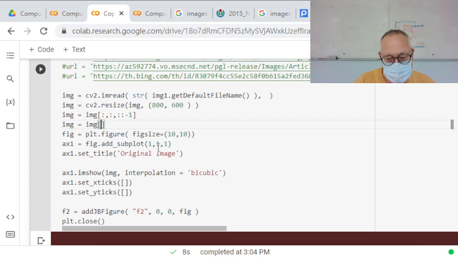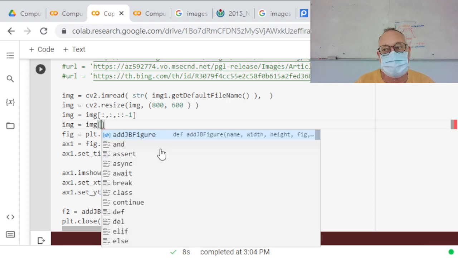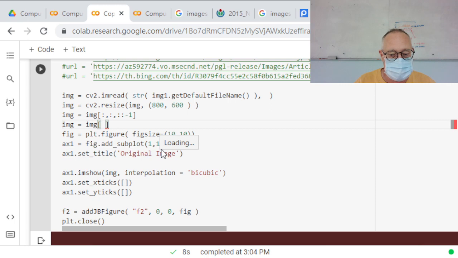So it's also easy to use NumPy functions to actually extract parts of the image. So we resize it to 800 by 600. Now here, this is columns, this is rows.